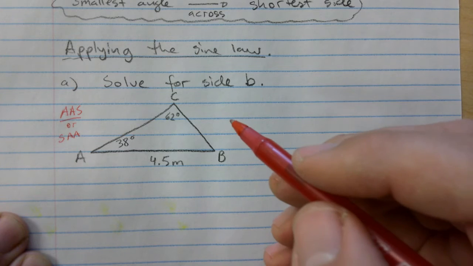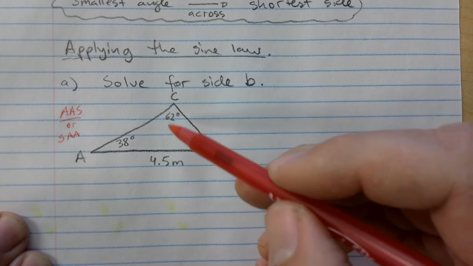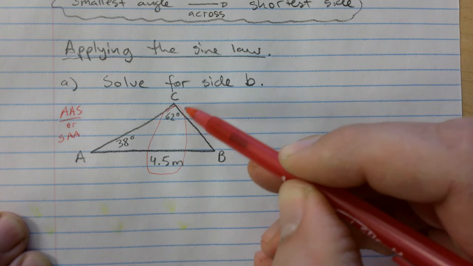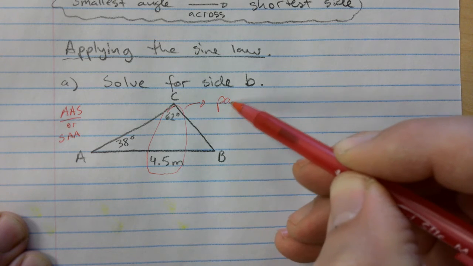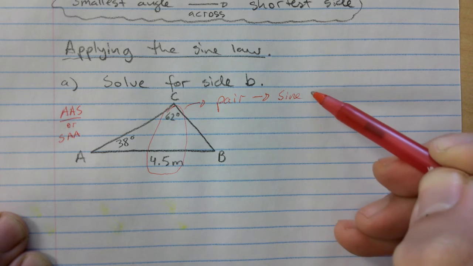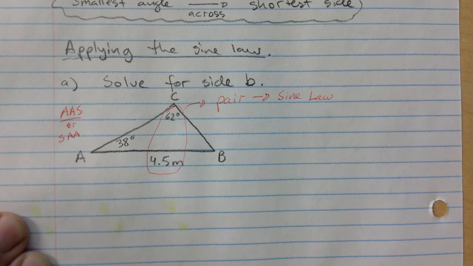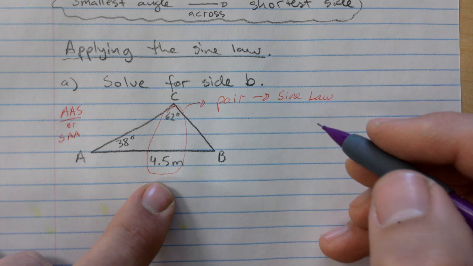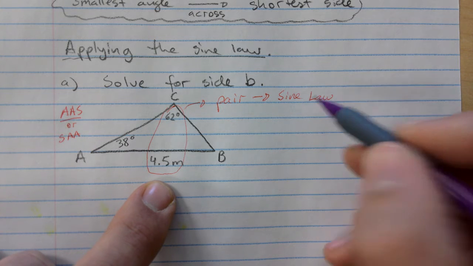What you need to remember here is that you will have your pair. Pair, therefore, sine law, right? So that is important. We know we're going to use sine law.